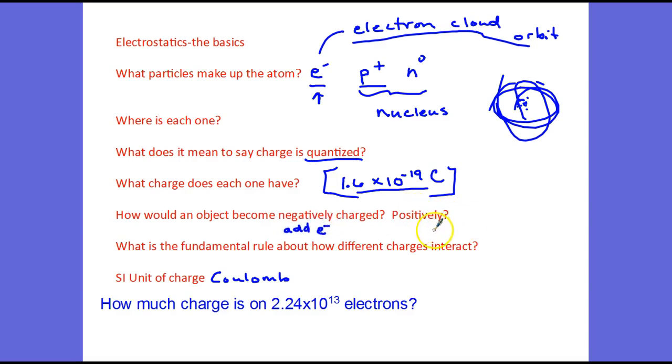And if you want something to be positively charged, you remove electrons. So something that is positively charged has a deficit of electrons. So it has more protons than electrons, not because it gained protons, because it lost electrons. And something that's negatively charged has extra electrons, not because it lost protons, but because it added electrons.